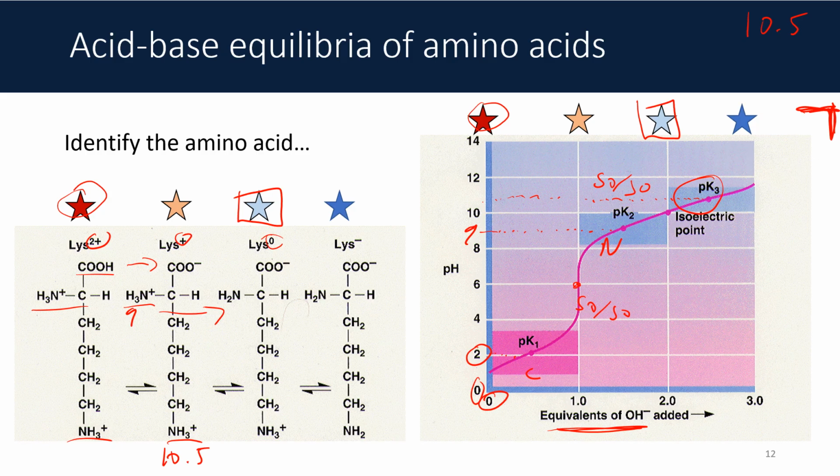That's why we need so many equivalents of hydroxide added. 2.5 equivalents of hydroxide is quite a lot. That is where we reach the 50-50 point between light blue and regular blue. And only when we go beyond that do we completely strip the protons from lysine and generate Lys negative.